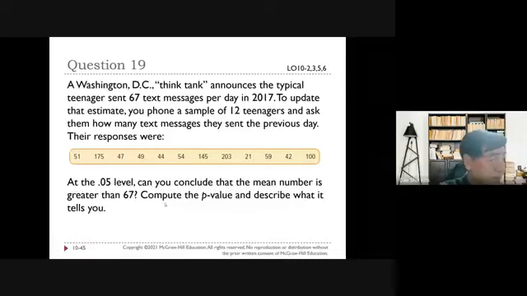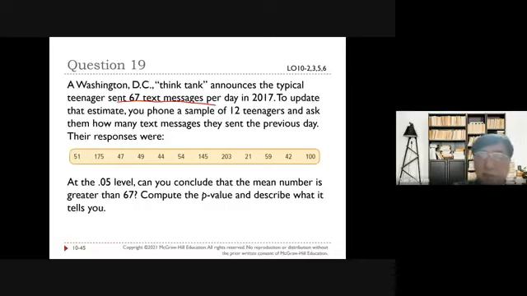Question 19. Where is the 19? Oh, here. A Washington, D.C. think tank announces the typical teenager sent 67 text messages per day in 2017. So this is a typical one. To update this estimate, you form a sample of 12 teenagers and ask them how many text messages they sent the previous day.